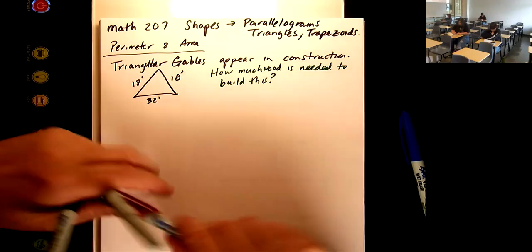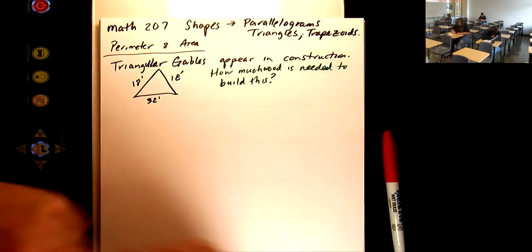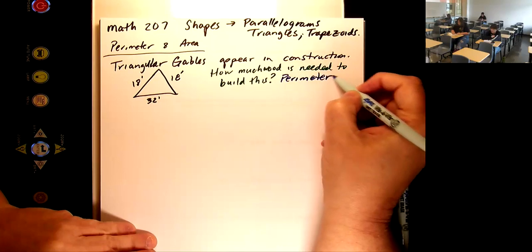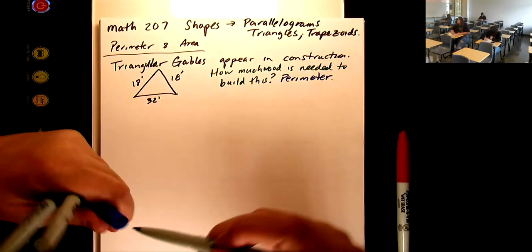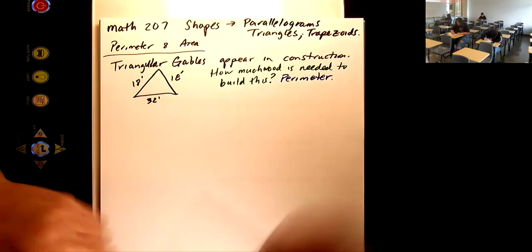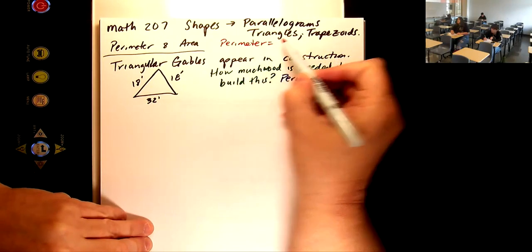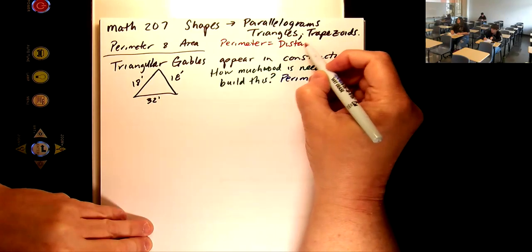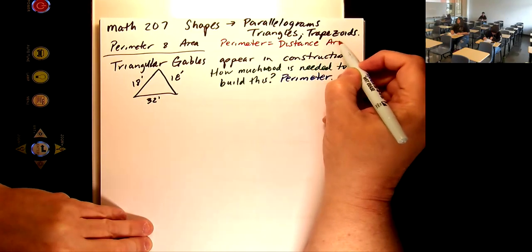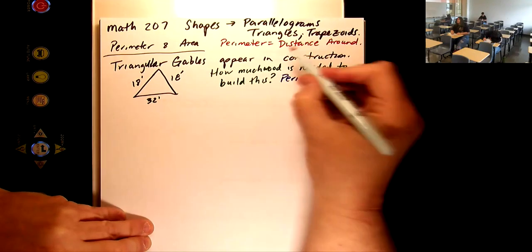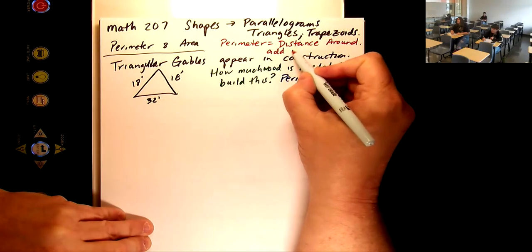So what we're really asking for here is the perimeter. The perimeter is the distance around, as a reminder. You really don't need a formula if you've got a picture, just add up the sides.